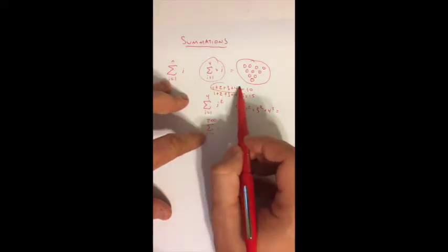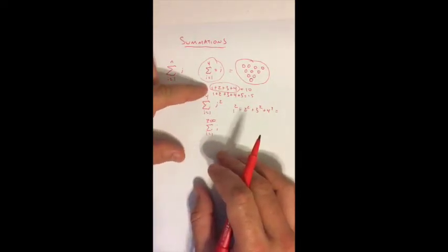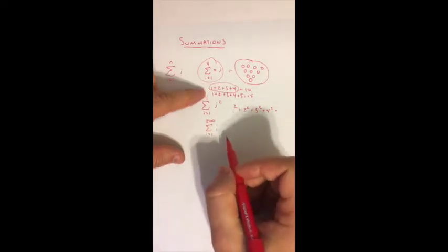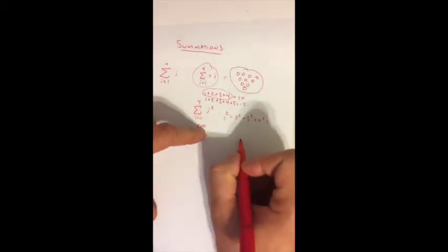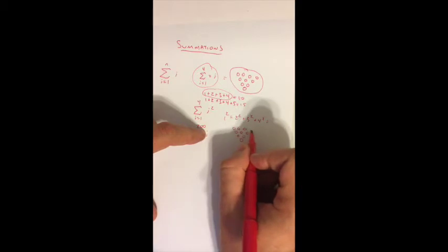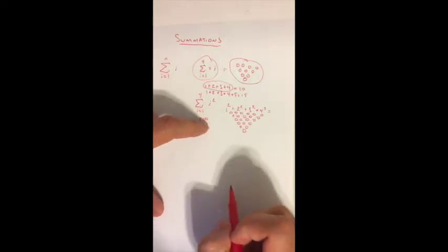And so it could be kind of useful to come up with a way to do this without actually having to add each individual number, right? And so here's kind of the standard proof for this. Let's imagine that we had a bowling alley with 6 rows. How many would be there?